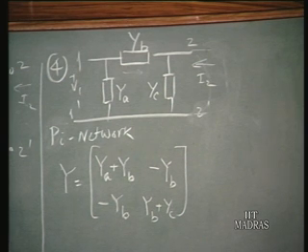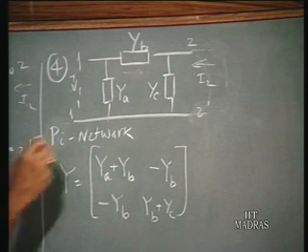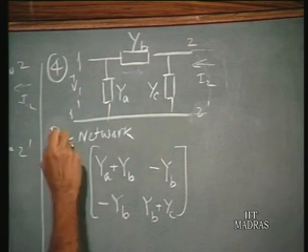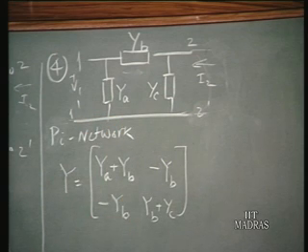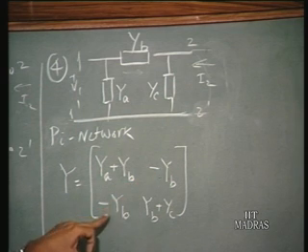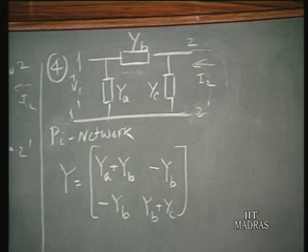So that has to be kept in mind: as far as the network has a 3-terminal configuration, that means there is a common ground between port 1 and 2, it turns out that the coefficients in the transfer admittances will turn out to be negative. It may or may not be so when you have a 4-terminal type of 2-port network.